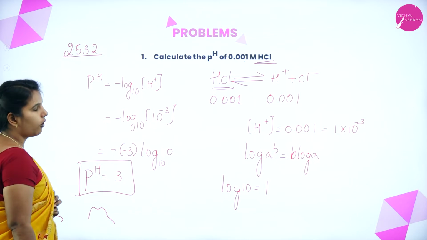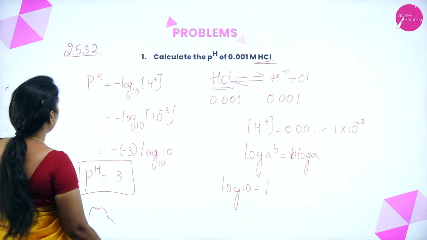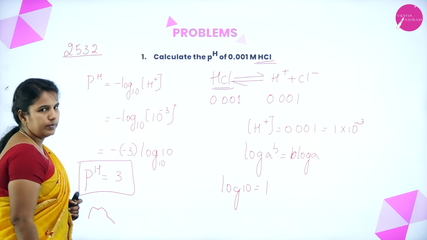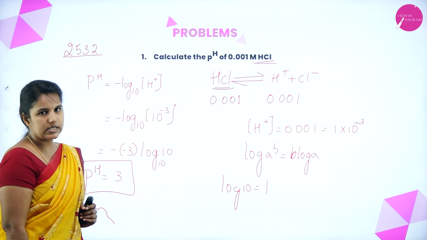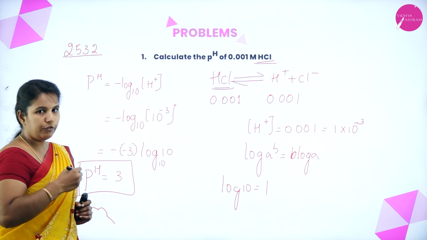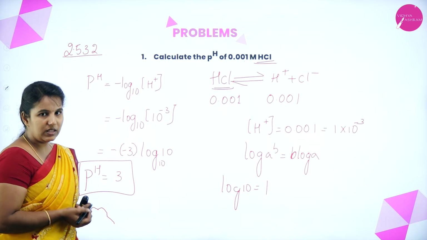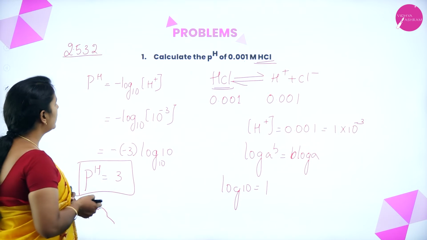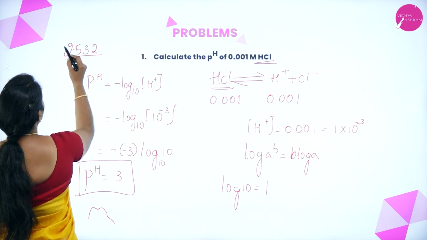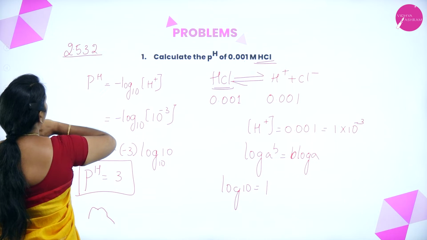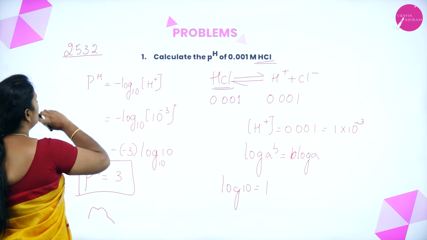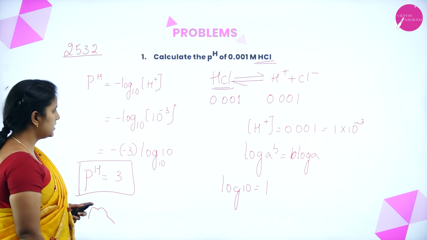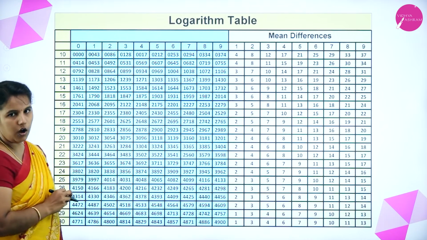Here, the digits after the decimal we call the mantissa, and the digits before the decimal we call the characteristic. Since we have only one number before the decimal, the log value we have to see under 2532. How to see this? So here we have a log table.